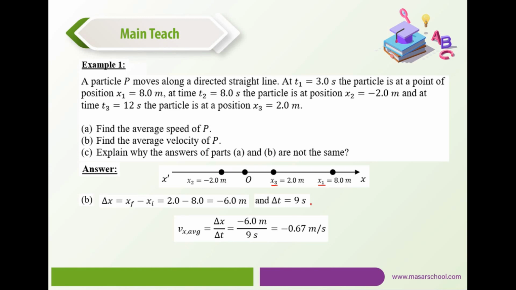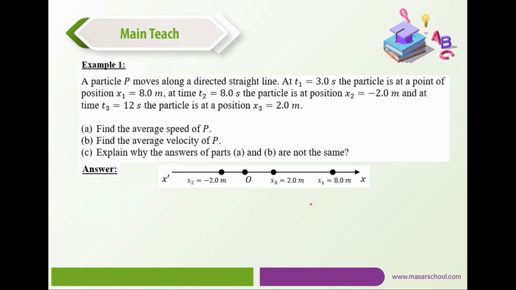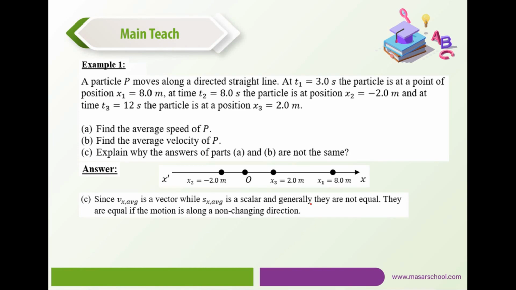As we can notice, the two answers are not the same. Why? Simply because average velocity is a vector while average speed is a scalar, and generally they are not equal. They are equal if the motion is along a non-changing direction, so that the displacement and the distance are the same. Whenever we change direction, there is a turning point, and the displacement would be different from the distance.